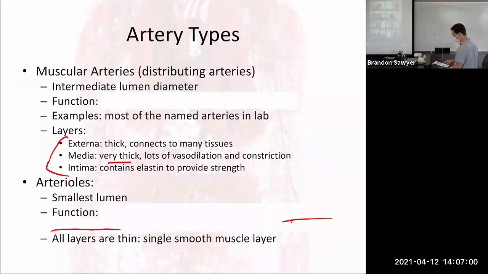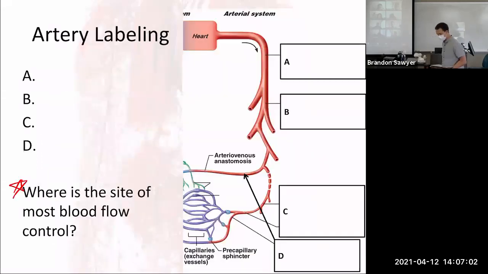Yeah, a lot of strength and then the bounce back. It wasn't smooth, it was strength. We're just naming what type of arteries they are. You're just labeling them, yeah, just the type, not the names.